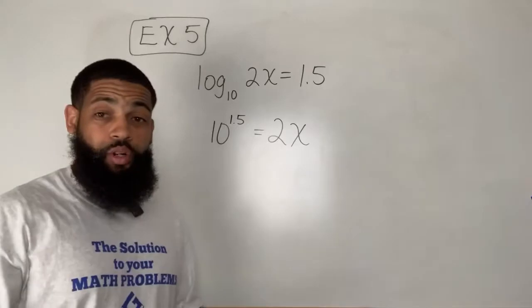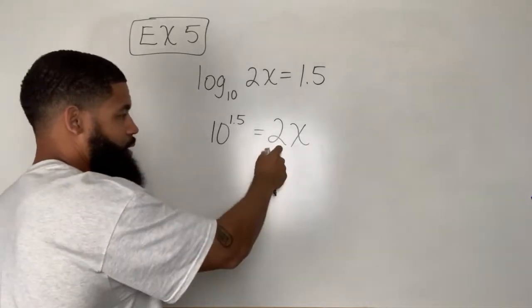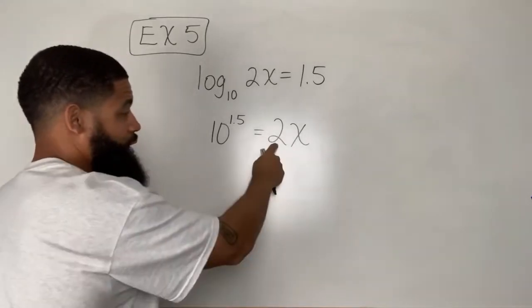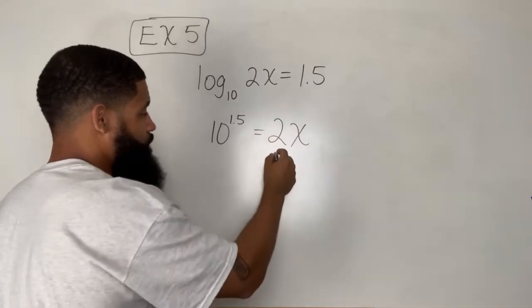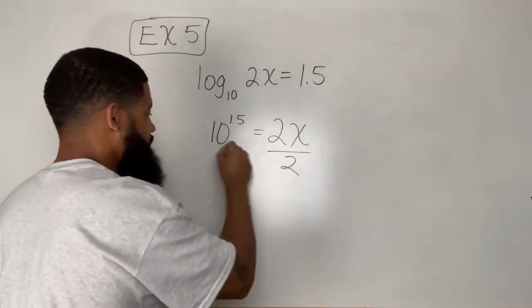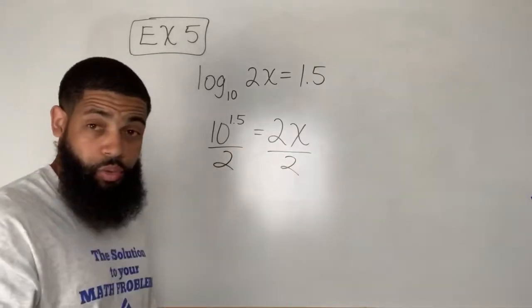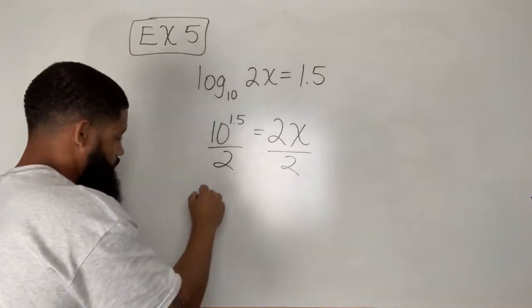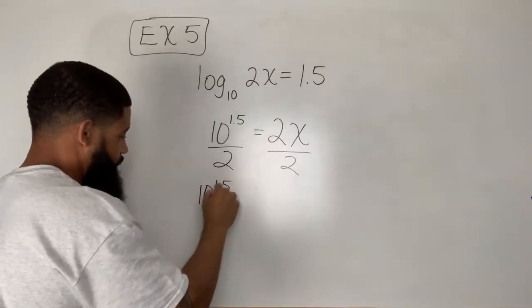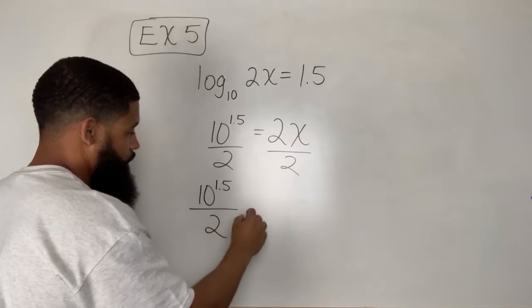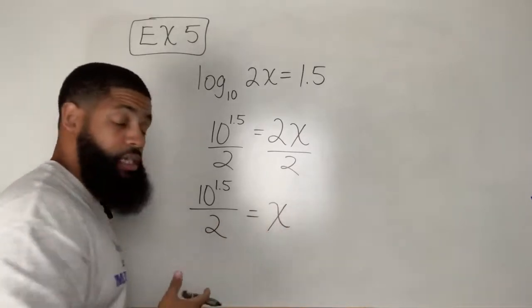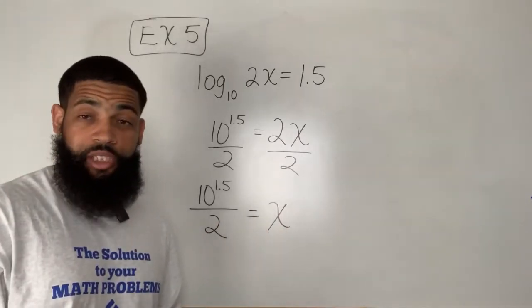Now, in order to find x, think about it. We have to balance it. I want to get x by itself, so I want to actually divide both sides by 2. Okay, so that tells me 10 to the 1.5 power. We're going to keep it just like this, because this is how you want to put it in your calculator to get the best approximation.